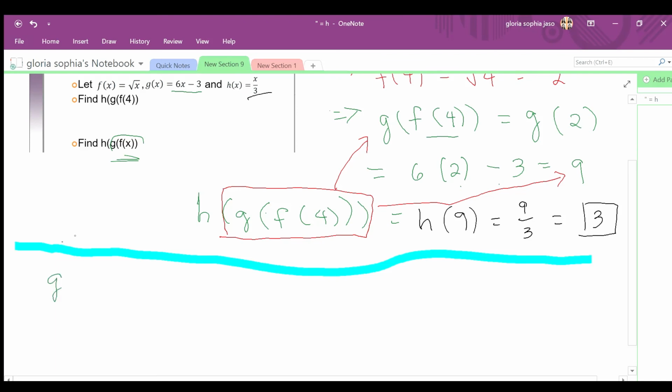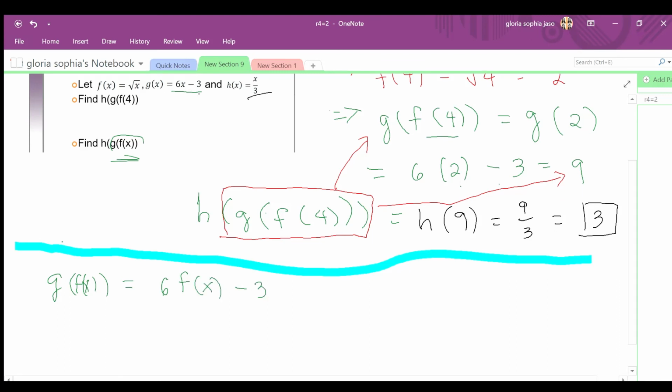Si g of f of x. Okay? So, si g, siya yung magiging pattern natin. Ayan. So, pwede na natin gawing f of x minus 3.